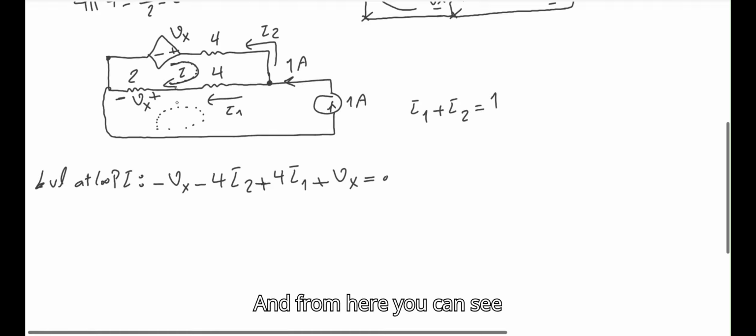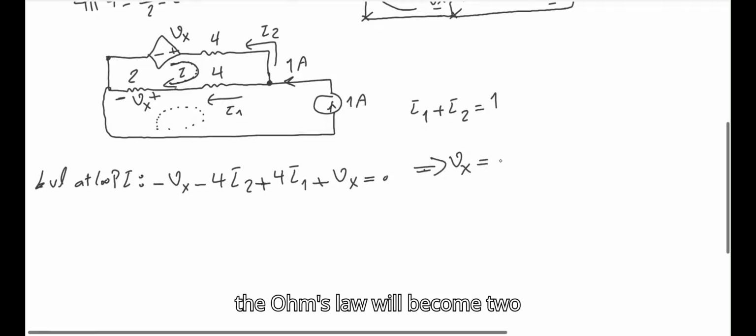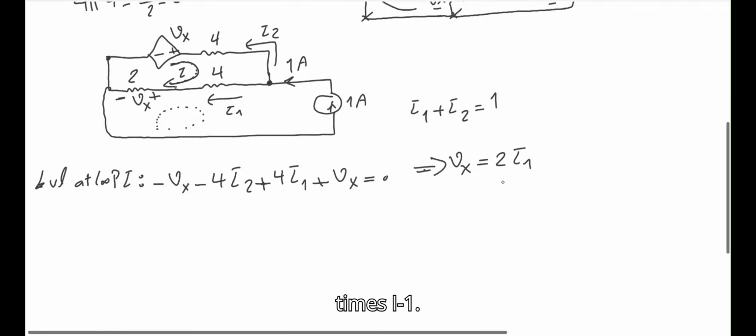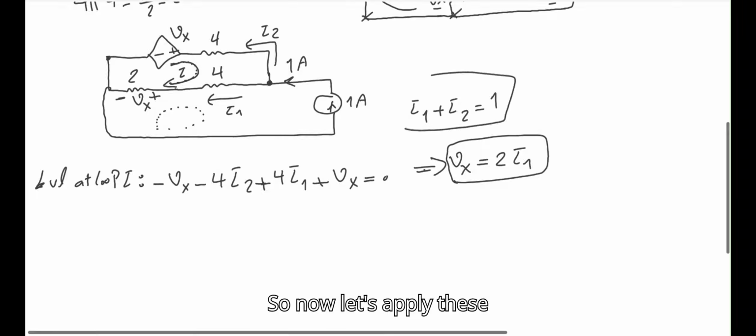And from here, you can see that I1 is passing through this 2 ohm resistor. So I can say the voltage across the 2 ohm resistor, which is Vx, based on Ohm's law, will become 2 times I1. So now let's apply these two into this equation.